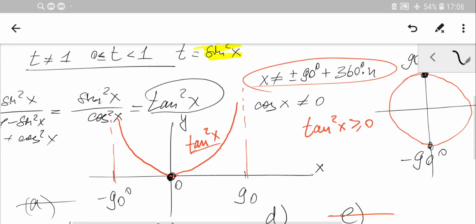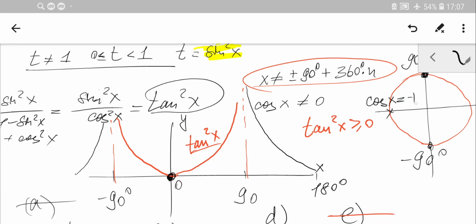So we finally arrived at tangent squared x, and because it's a positive function or 0 somewhere, we can say that the rest of the graph should go like this and like this. And again, one key point, 180, that's okay. At this point cosine x equals -1, but because of the square, sine is 0 and tangent is 0 as well. So 180 and -180 values are allowable.